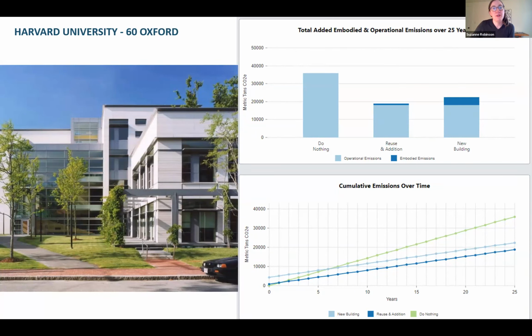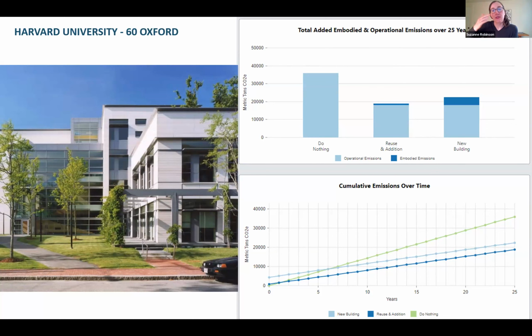If we reuse and renovate the project, we have the substantially lower total carbon footprint. And then if we built a new building, it would be actually more efficient than the do nothing building if we were targeting the same operational carbon and some specific embodied carbon targets too.